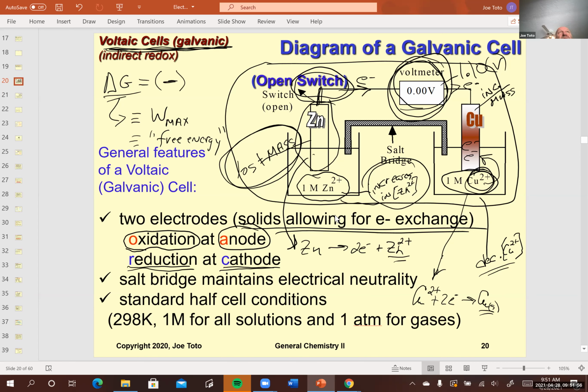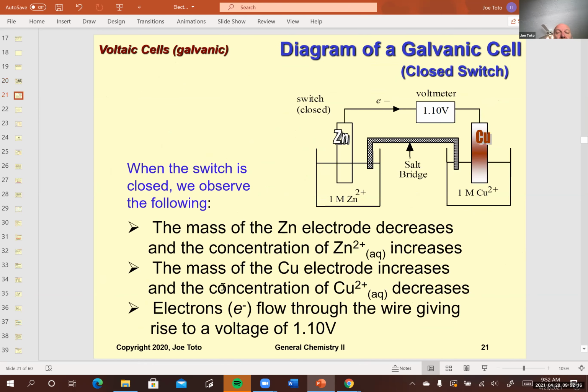Now, that doesn't mean that this thing is always going to be oxidized and the other thing's always going to be reduced. In order to do that, we have to get some sort of a relative propensity for the attraction of electrons.